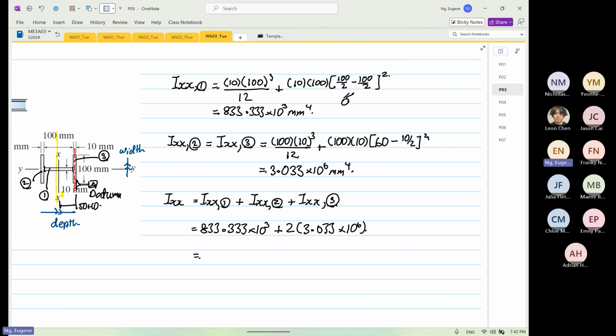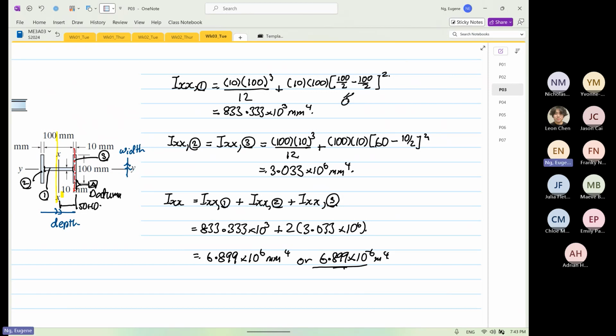Okay. So this will be equal to 2 times 3.033 power 6 plus 833.333 power 3, which is equal to 6.899 times 10 to the power 6 millimeter 4, or 6.899 times 10 to the power minus 6 meter 4.